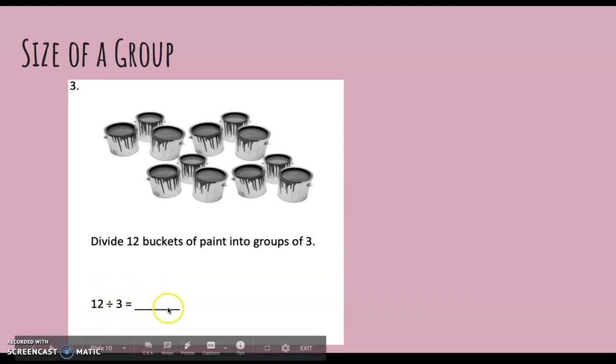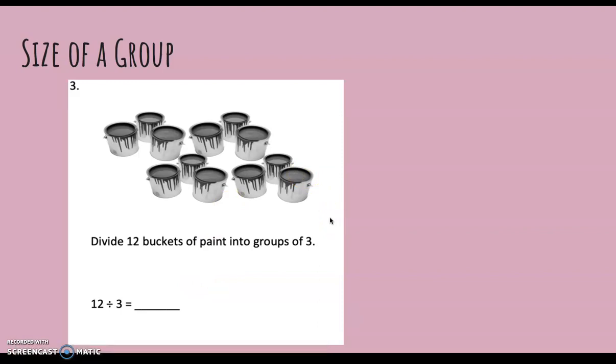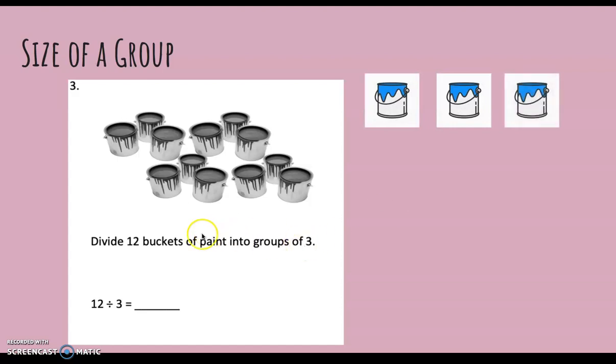So if you know how to do the division question, then you can just go ahead and write down the answer. If you're not sure, then this is how I'll do it, and I like to use visual representation. First, I make 3 groups because it said I need to put them in 3 groups, and I'm going to give 1 bucket to each group until I have no more buckets left.